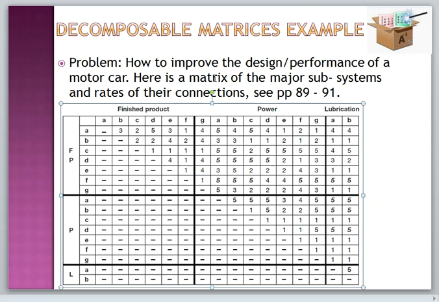So this is called the decomposable matrices. It helps portray the different systems and subsystems, components, subcomponents in a diagram like this, and enables us to put weights for the importance of the mapping between subcomponents of each subsystem.